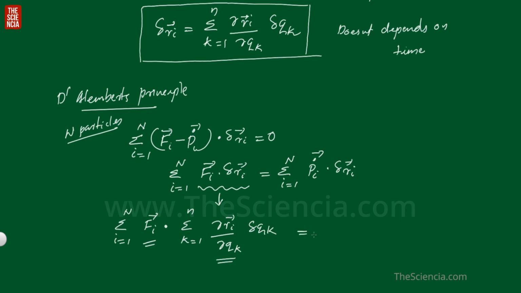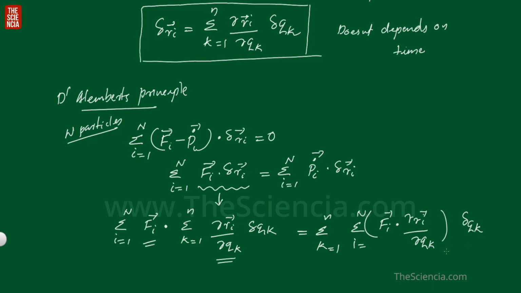So I am taking summation k equal to 1 to n, summation i equal to 1 to capital N, Fi vector dot dou ri vector by dou qk into delta qk.